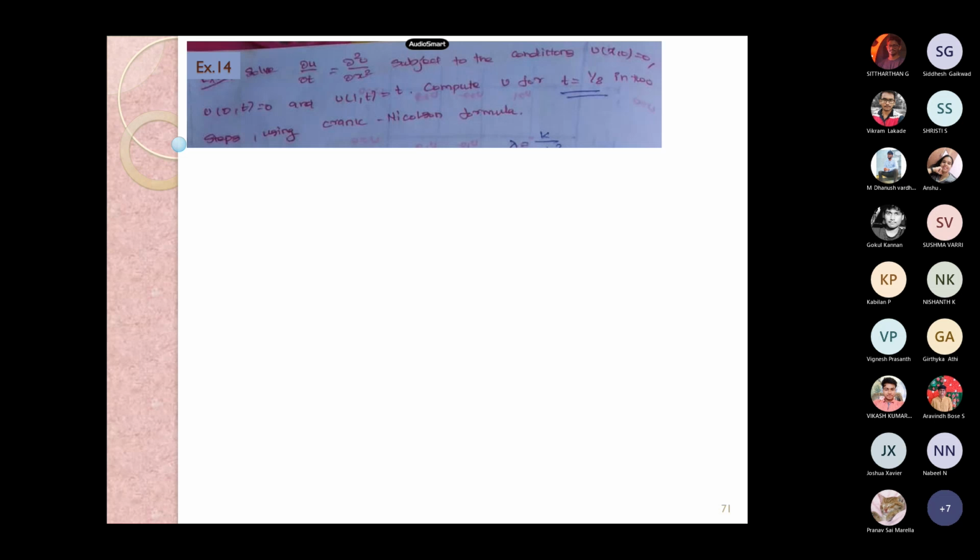The vertical axis is the t-axis, and the k value is given in the problem itself, and they are advising us to take this k in two different steps. Then what would be the k value we need to consider?